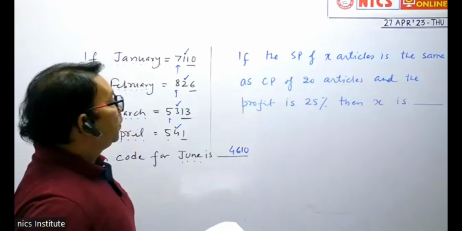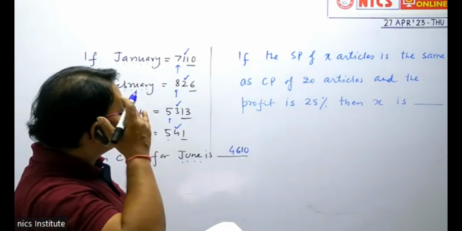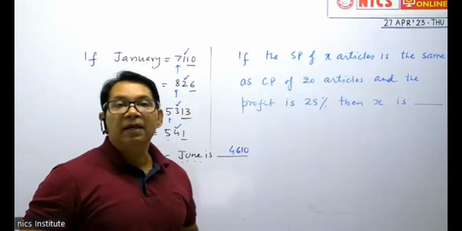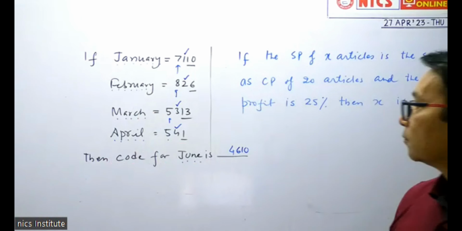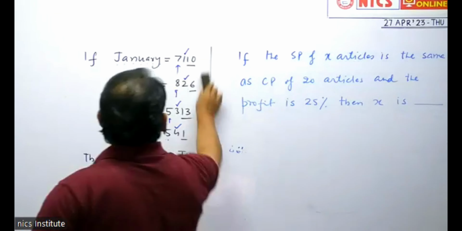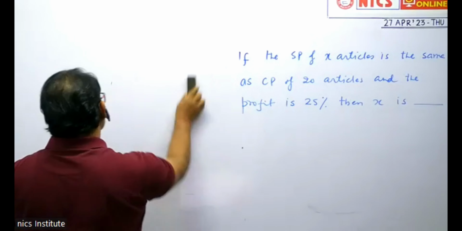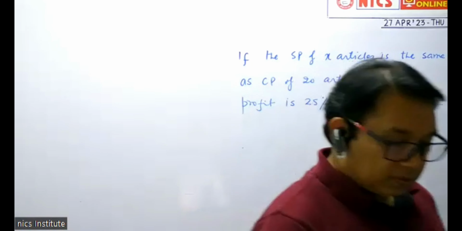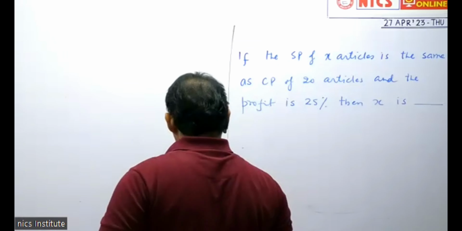The SP of X articles, the selling price of X articles, is the same as the CP, the cost price, of 20 articles, and the profit is 25%, then X is. You can send your doubts. Meanwhile, if you have any other doubt, you can WhatsApp me.